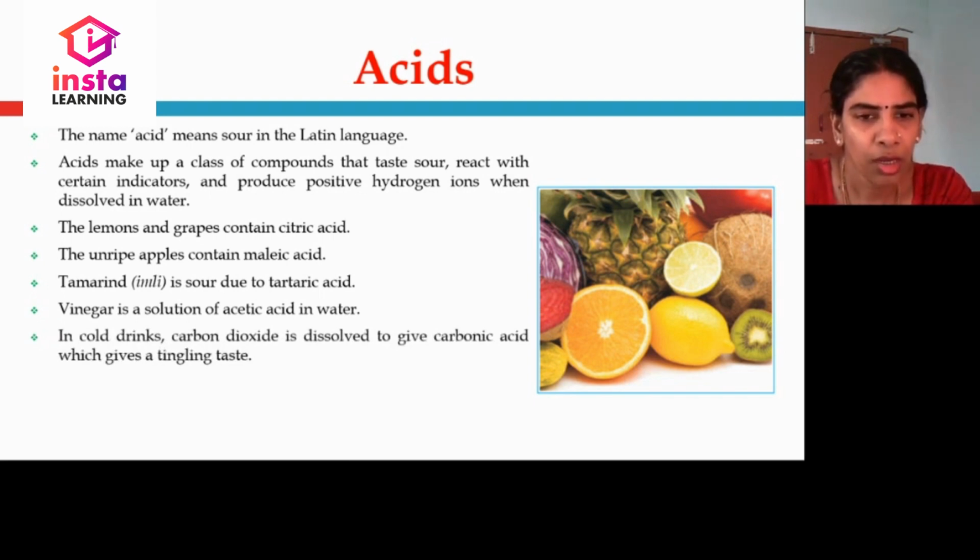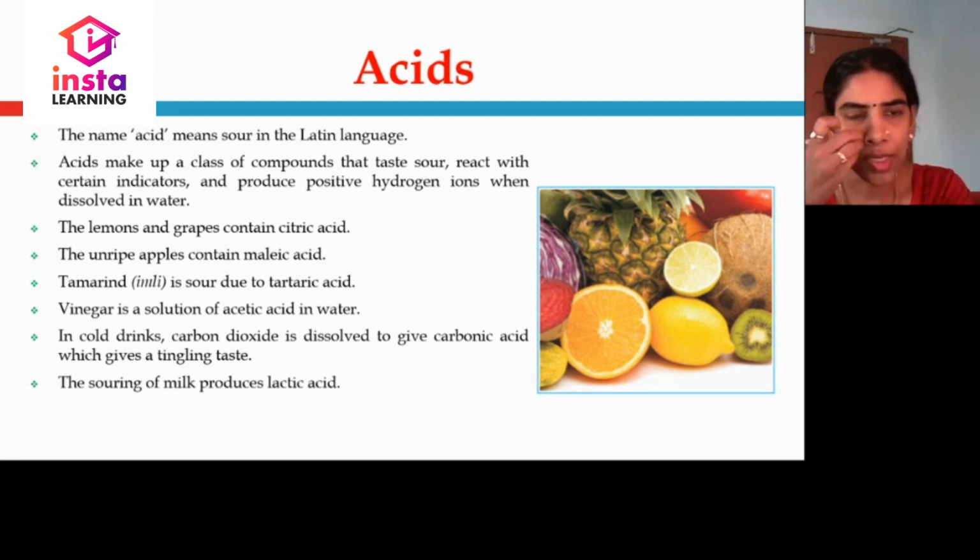In cool drinks, carbon dioxide is dissolved to give carbonic acid, which gives a tingling taste. The souring of milk produces lactic acid. So naturally, we can see that there are a lot of acids present in varieties of fruits, drinks and other substances.